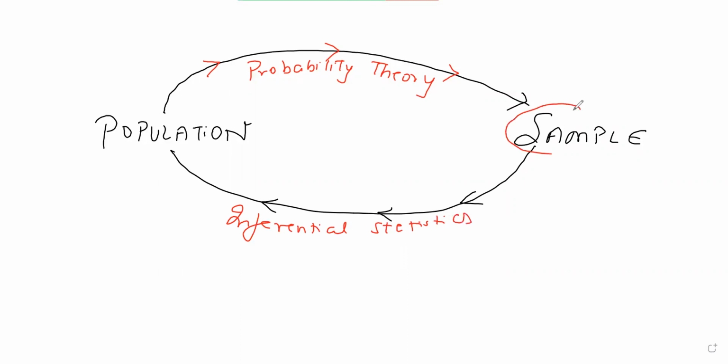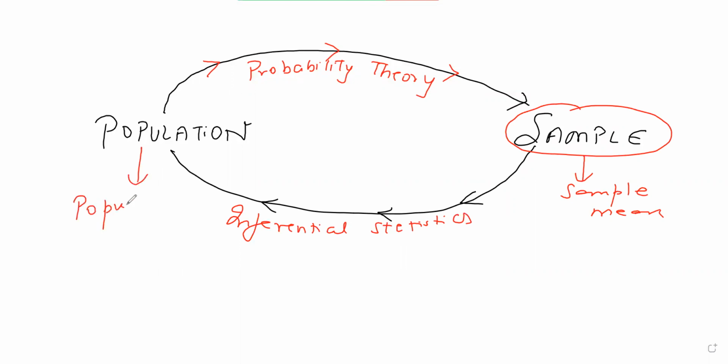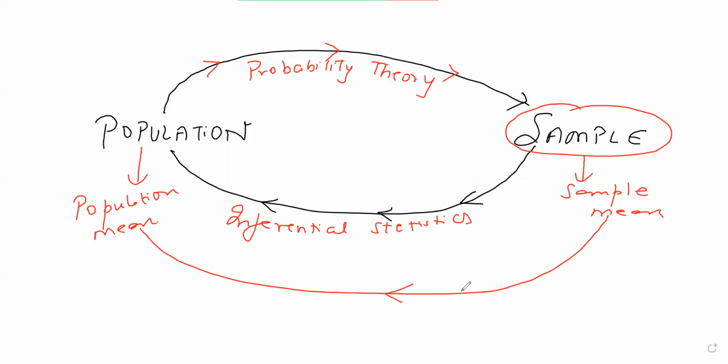For example, I know what's the sample mean, and I will be using it to estimate the population. The sample mean will be used to estimate the population mean. This is inferential statistics. So probability theory is all to do with moving from population to sample. Inferential statistics is all to do with moving from sample to concluding about the population.